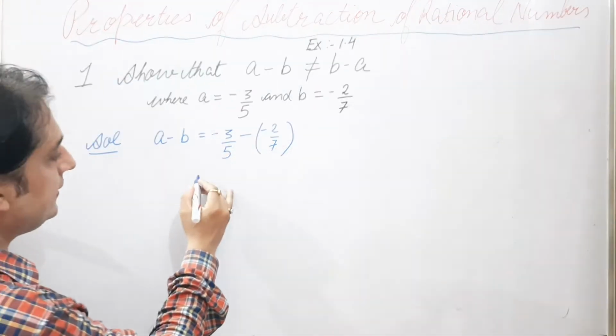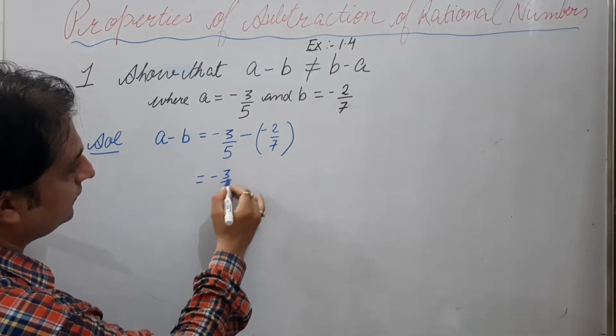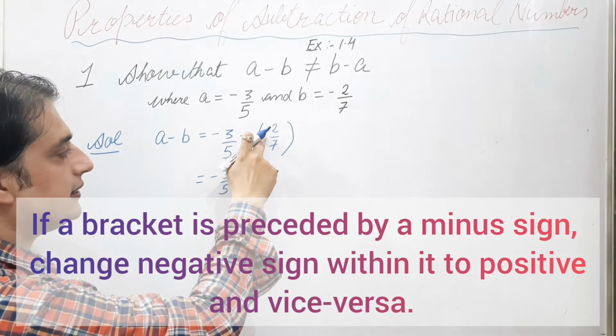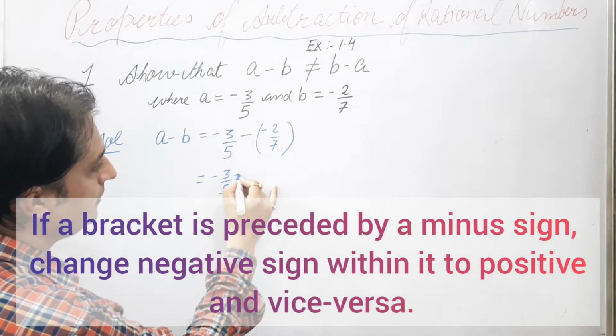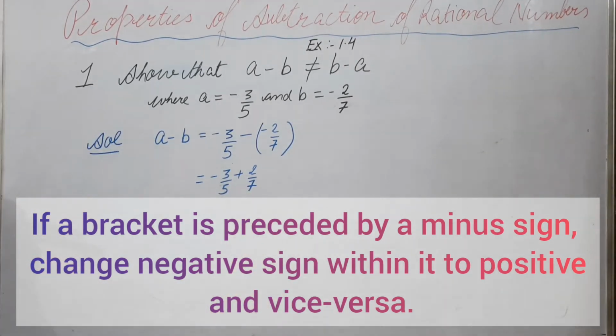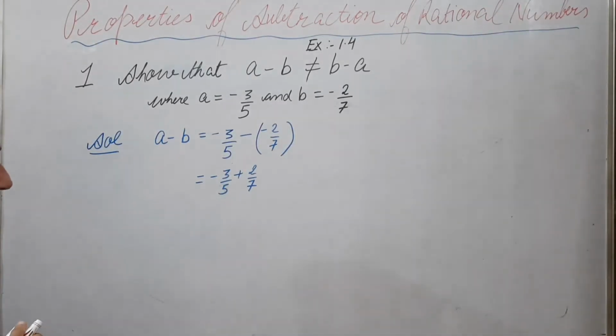So simplify it. Minus 3 by 5, outside the bracket negative sign, inside the bracket again negative sign, so minus minus plus, so it will become 2 upon 7.